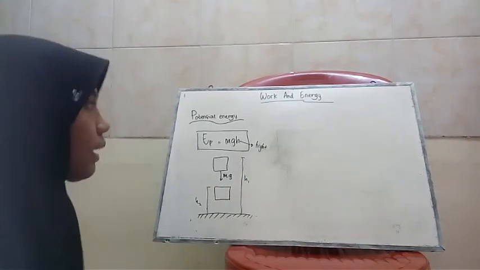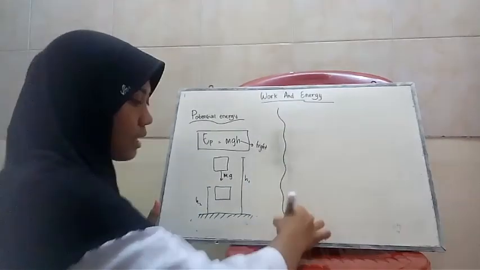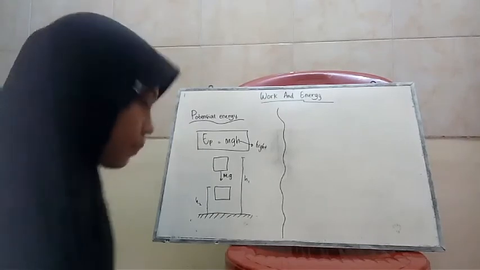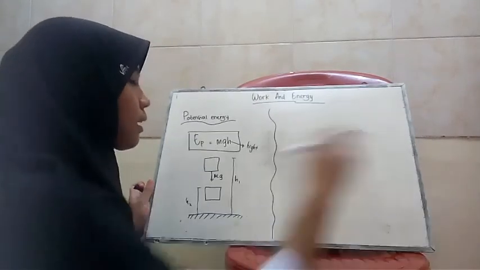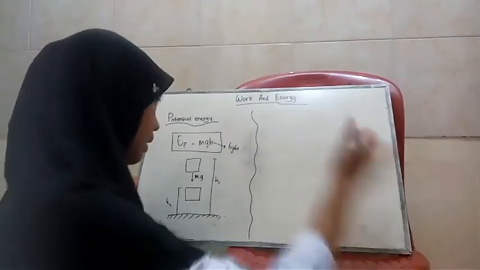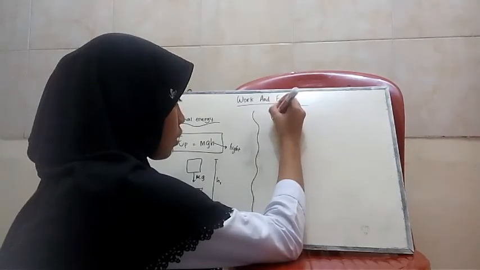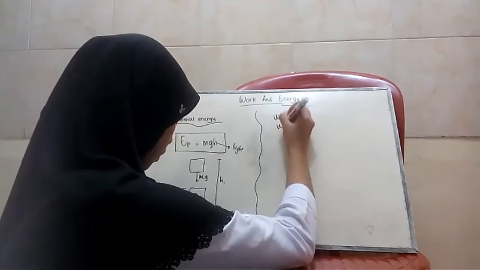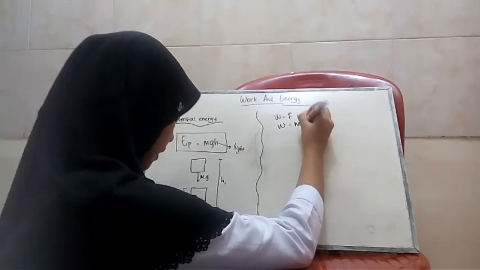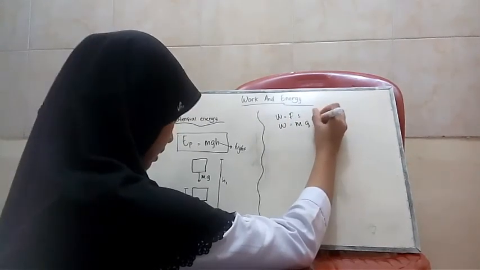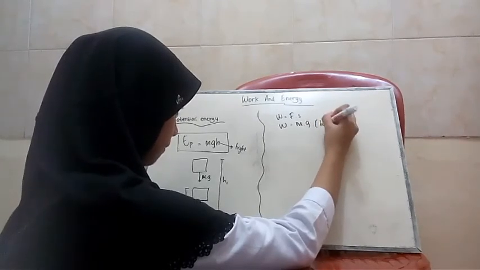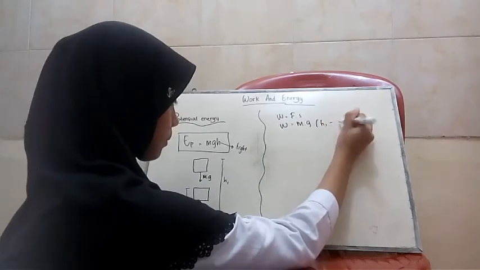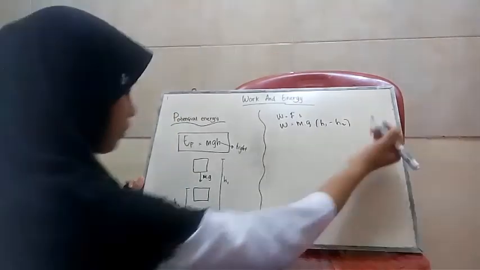And then potential energy with work, there is a relation. The relation is like this. Work equals F s, work equals m g. S is not 1, I mean 2.